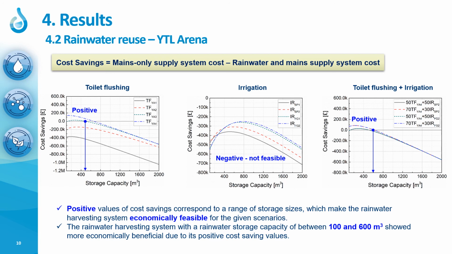So positive cost saving values here mean that the rainwater harvesting system is economically feasible for the given conditions. We found that better economics are expected with a tank size between 100 and 600 cubic meters for only toilet flushing and combined use scenarios.